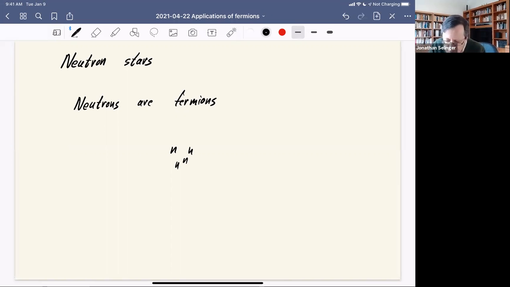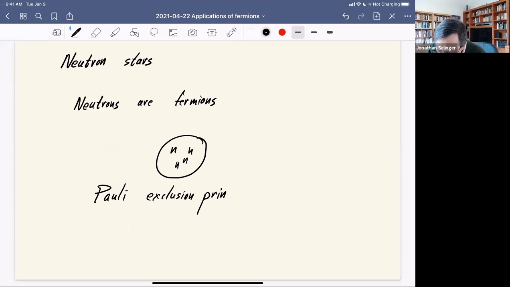So if you have a large number of neutrons that form a star, we can say there are two important things that determine how big the star will be. There is the Pauli exclusion principle that keeps the neutrons apart.